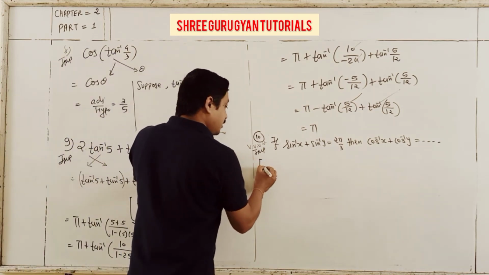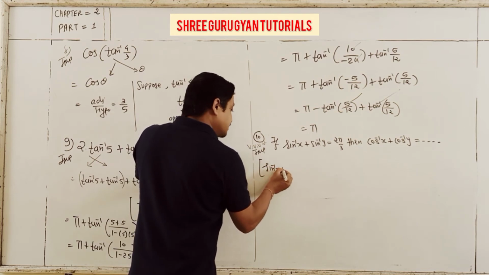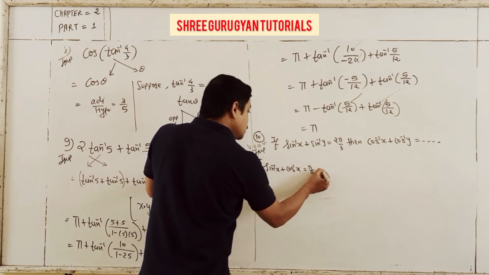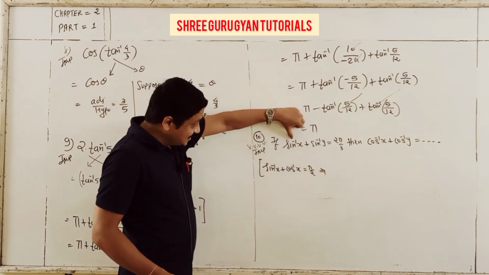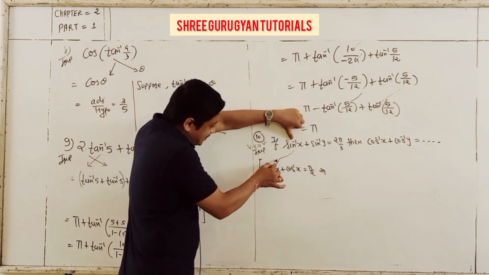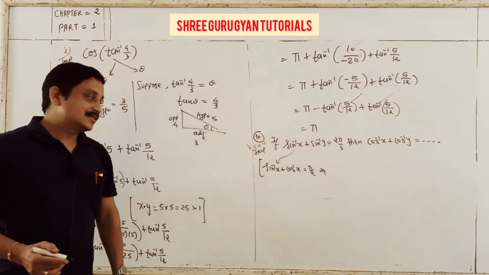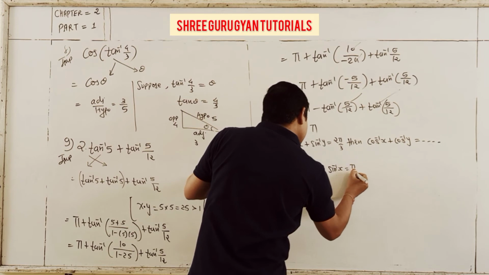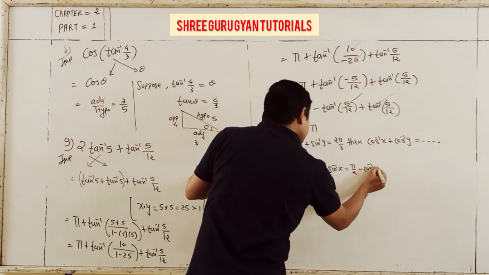You know the property: sin inverse x plus cos inverse x is pi by 2. So I carry forward sin inverse x, which is actually 90 minus cos inverse x.